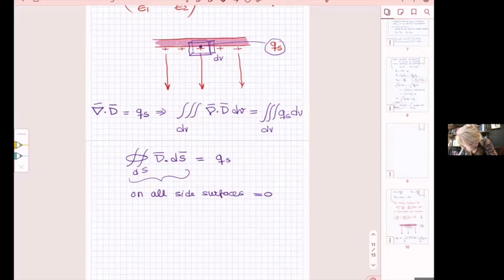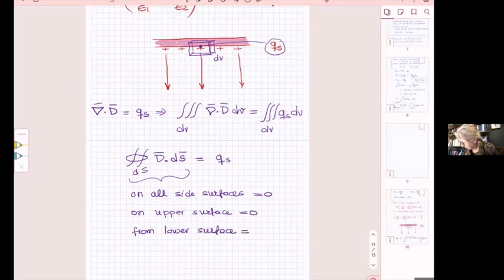Then the upper surface, which is inside the conductor, also gives 0, because there is no field inside the conductor. And the only contribution here comes from the lower surface, which is right at the point.